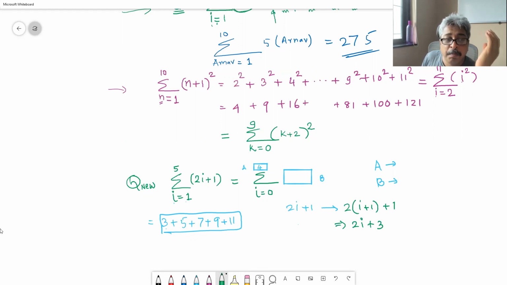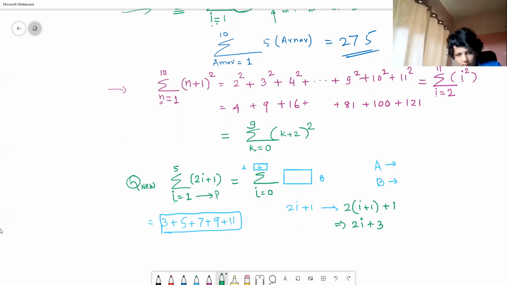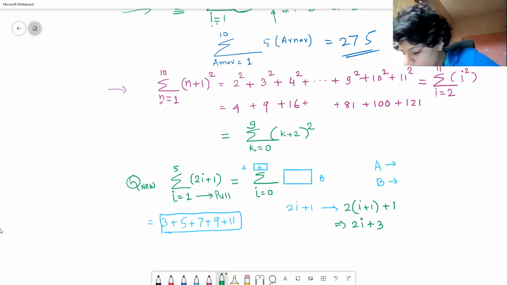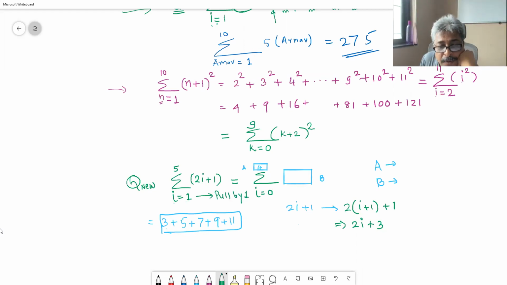That is what we call push-pull. We have pulled back the index by 1, so your summation, what you want to add, should be pushed by 1.